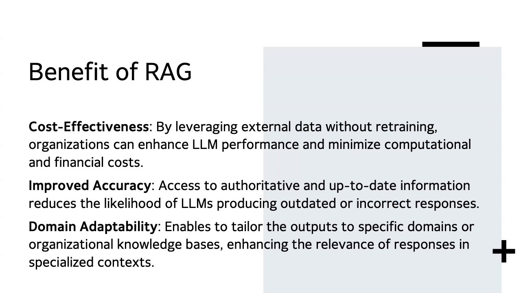So here it means accurate and right information, which is very recent. We can reduce the likelihood of LLMs producing outdated or incorrect responses, and we can also avoid some hallucination in this case. Also, there is domain adaptability, which enables tailoring the outputs to specific domains or organizational knowledge bases, enhancing the relevance of responses in specialized contexts.